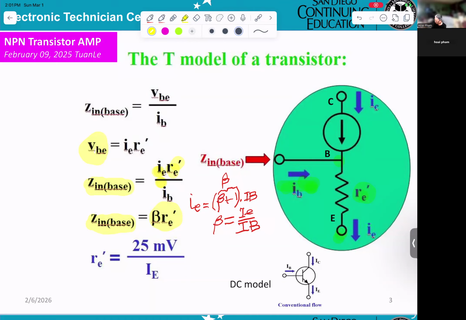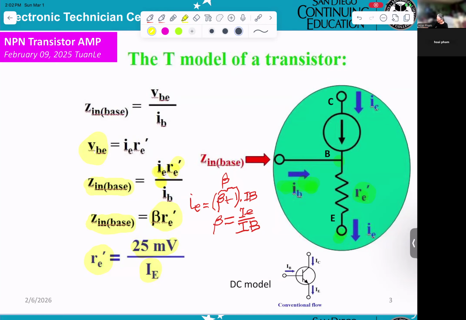And remember, r'e equals 25 millivolts divided by IE. So this is what we call the T model for an NPN transistor for AC analysis.